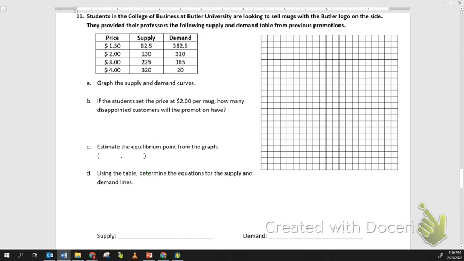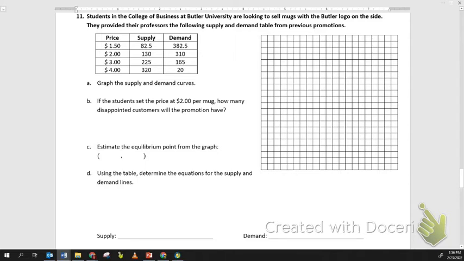It says students in the College of Business at Butler University are looking to sell mugs with the Butler logo on the side. And they gave their professors this table that gives the following supply and demand information from previous promotions. So I have a price column, a supply column, and a demand column.